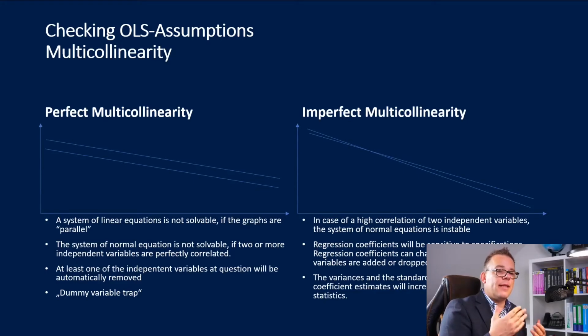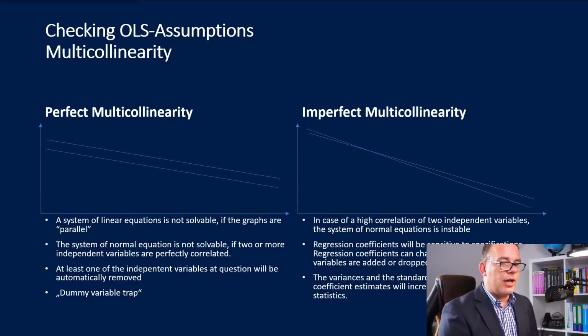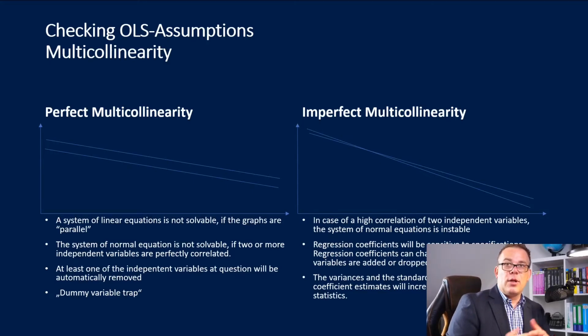And of course, the variances and the standard errors of our regression coefficients will increase. So this means lower t-statistics. We lose statistical power here.